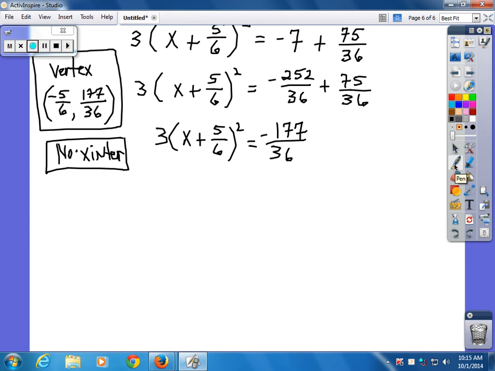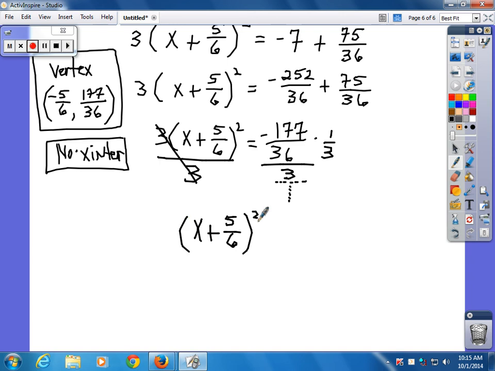All right, so let's go ahead and solve this so we can put it in terms of i. Divide by 3. Divide by 3 over 1, because we're dividing fractions, so I flip it, so that'd be 1/3. That goes out, you get (x plus 5/6) squared is equal to negative 177 over, what's 36 times 3? 108?